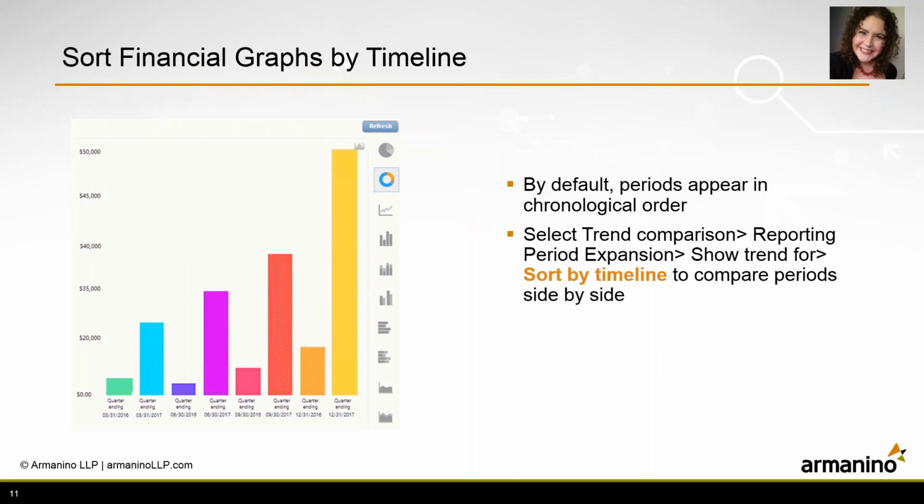So in order to do this, you're going to open up your financial graphs. You're going to select your trend comparison and select the reporting period that you would like to compare. And then you'll either expand it by months, quarters, years, whatever your period is there. Select your show trend for in the drop down and select the number of past as a negative number or future as a positive number, periods that you'd like to include in your graph.